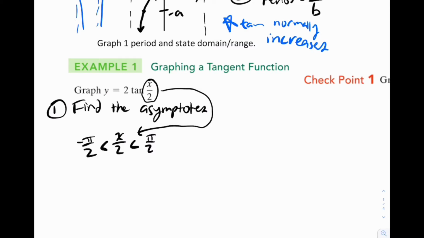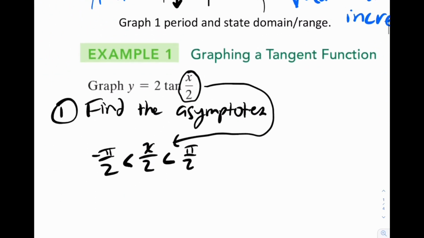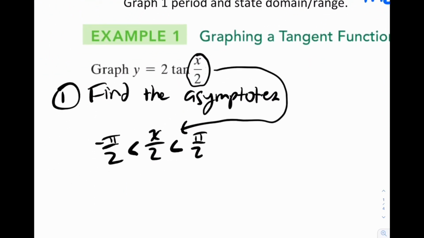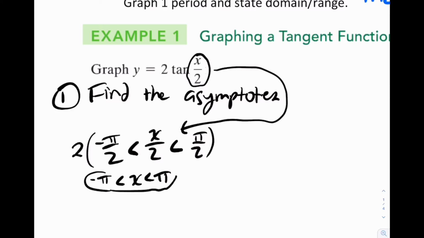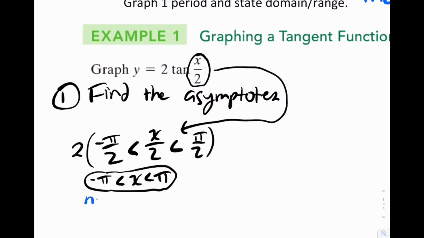Okay, so again, that's from your normal asymptotes. That's from this fact right here. Now that we have that, we're going to solve for x. So simply multiply by 2. So x is between pi and negative pi. What you just found are your new asymptotes.